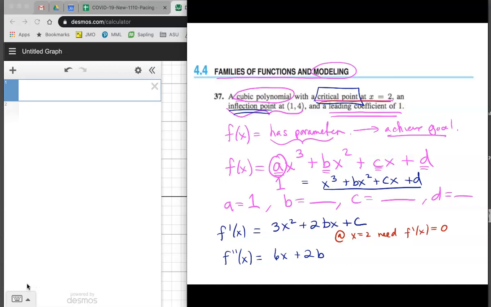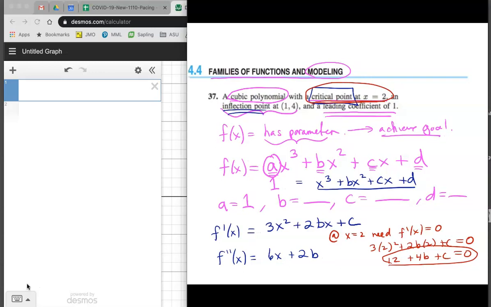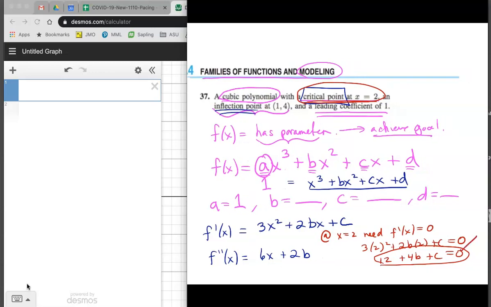That tells us that 3 times 2 squared plus 2 times b times 2 plus c is supposed to equal 0. So 12 plus 4b plus c equals 0. This equation comes from the criterion that a critical point needs to happen at 2, which means the derivative is 0 when x is equal to 2. So here is one equation.